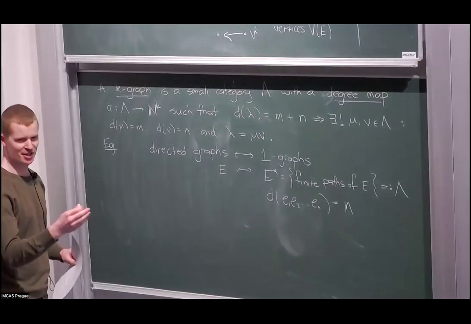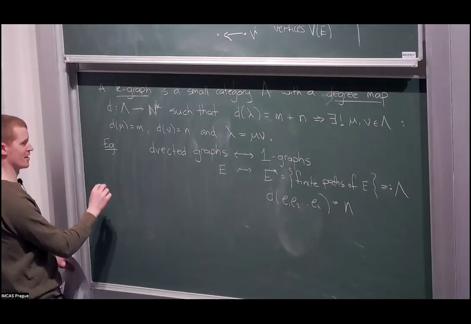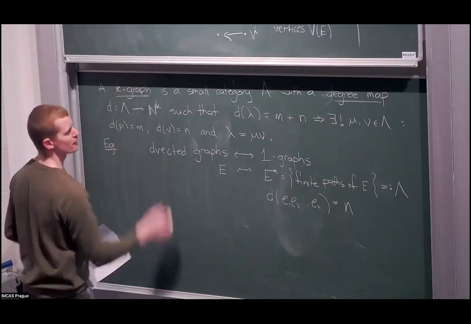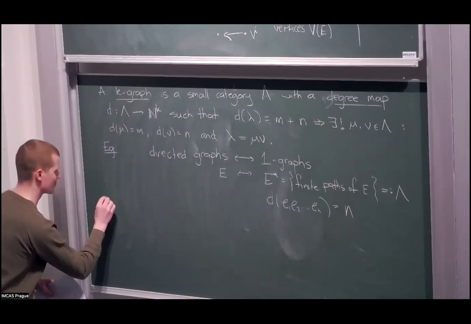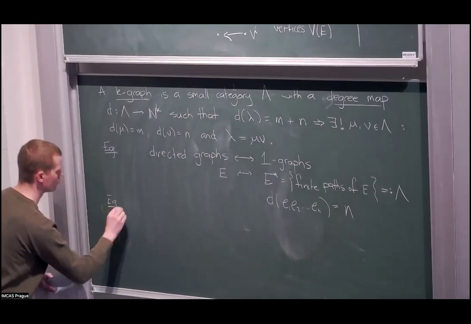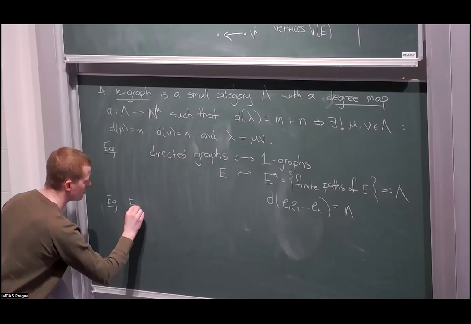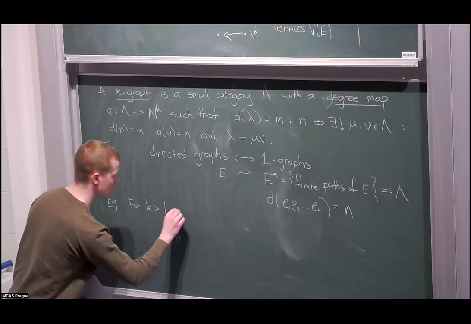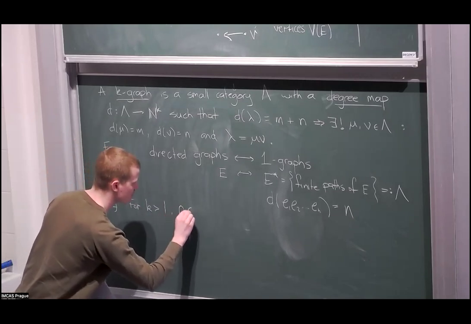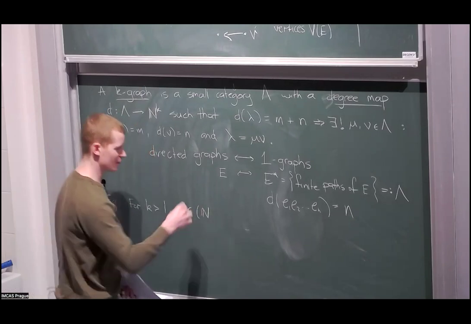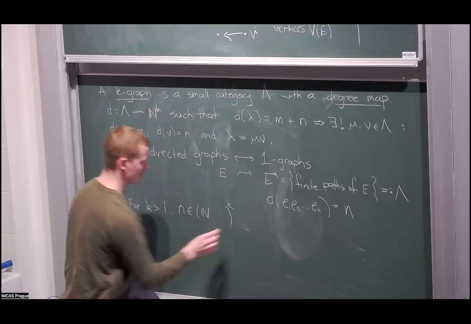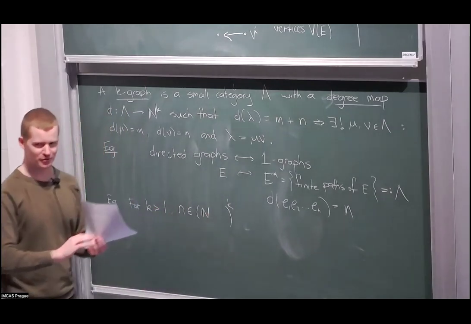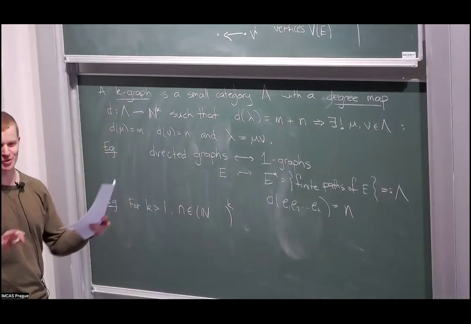And then let's step up the dimension a little and see how the degree map looks a bit weirder when we're in higher dimensions. Okay, so if I take k greater than 1, a positive integer, and I take n to be, more or less, a k-tuple of natural numbers, but I'm wanting to build a graph that could be infinite in one direction, but there are dimensions now to worry about.